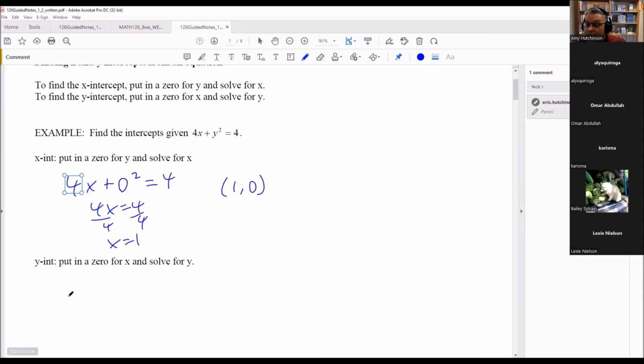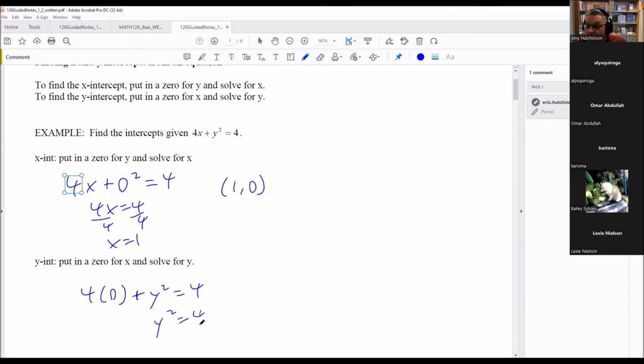Okay. If we want to find the Y-intercept, we put a 0 in for X and solve for Y. So we put a 0 in for X, using the same formula again, and we get Y squared equals 4, because 4 times 0 is 0, so that goes away.